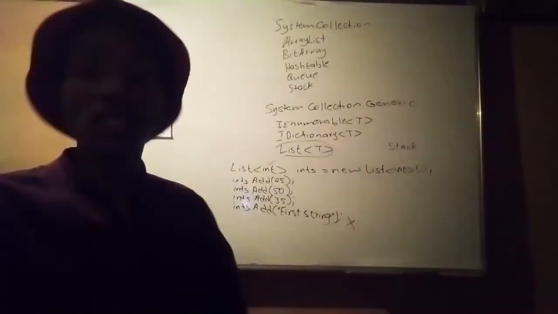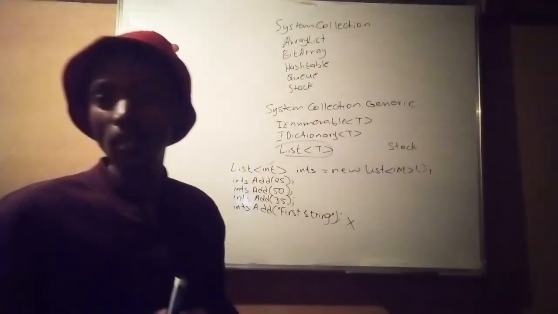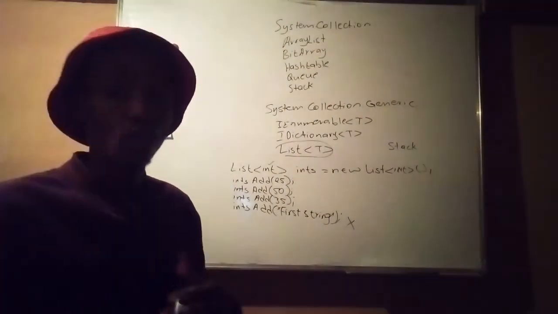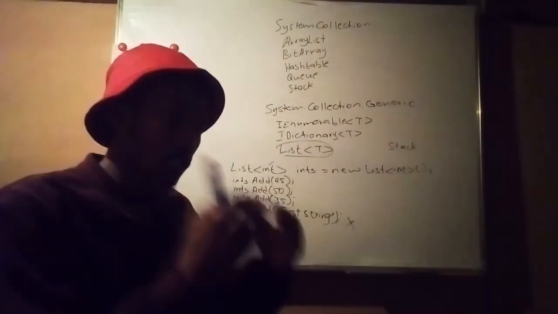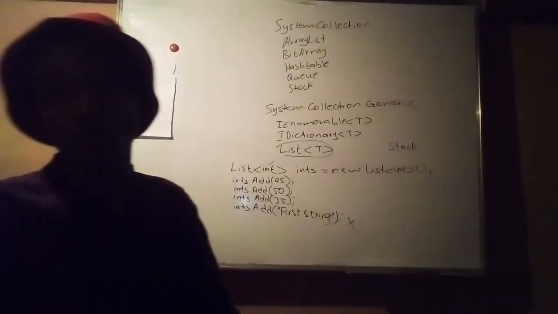What are you doing? That thing cannot be an integer, when you said I must only accept integers. Get what I'm saying? So that's the type safety. So you only add the items that are the type that you have specified in the container.